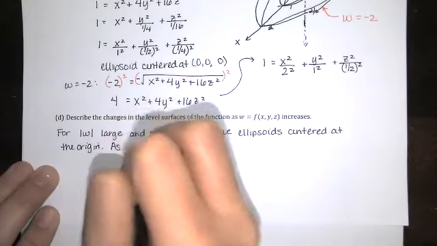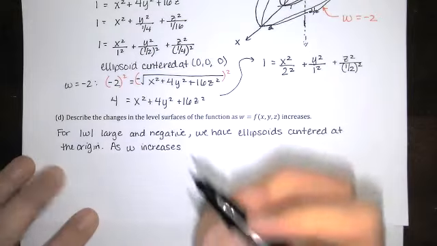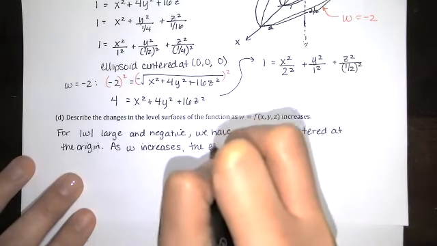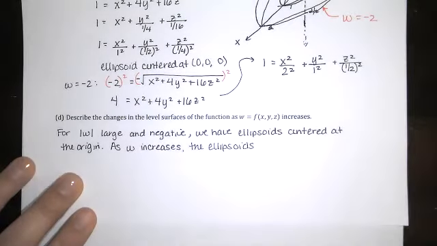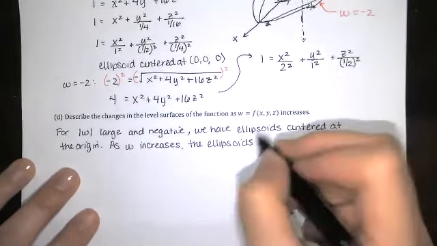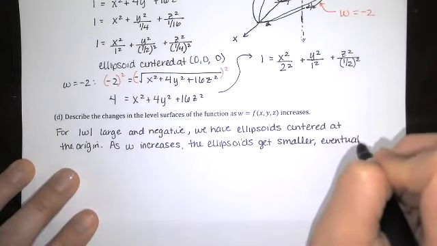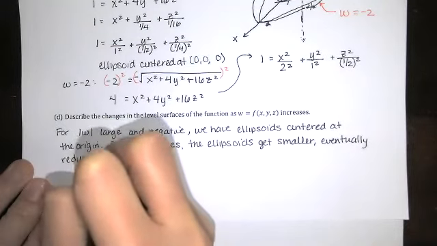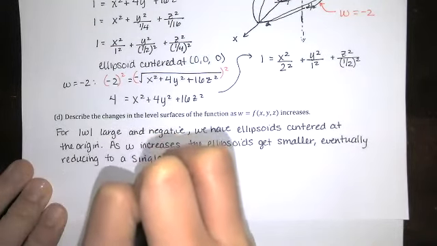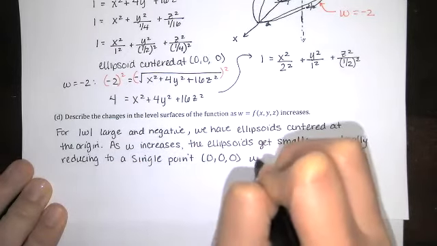Let's say as W increases, so we're going from negative infinity back to 0, the ellipsoids shrink, they get smaller. Eventually reducing to a single point, 0, 0, 0, when W equals 0.